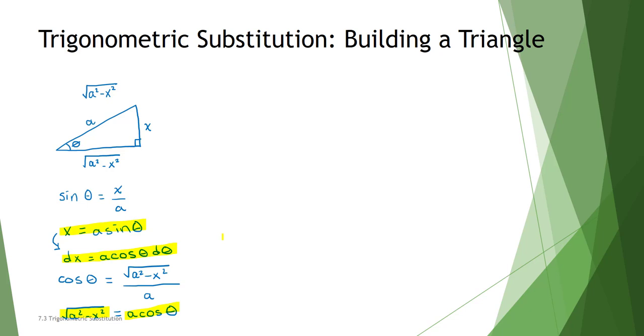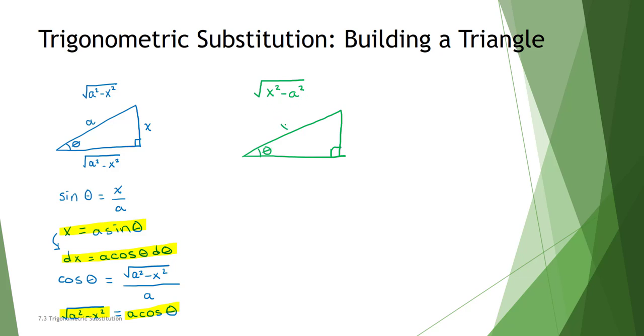Similarly, if you have the radical x squared minus a squared appearing in your integrand, then you can build a right triangle with angle theta, where one of the sides has this length.